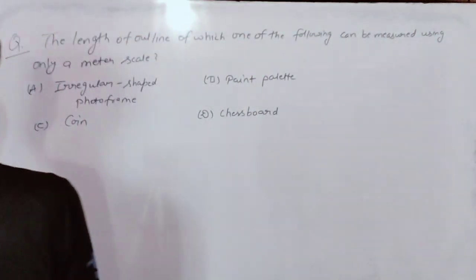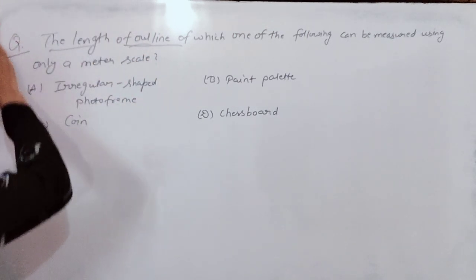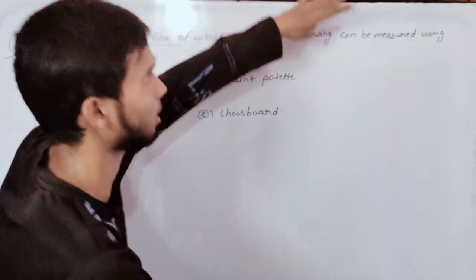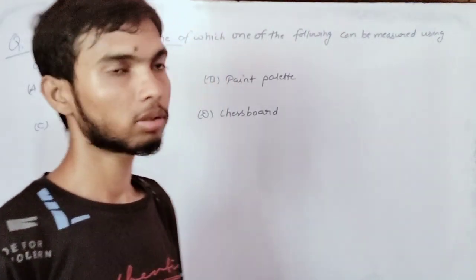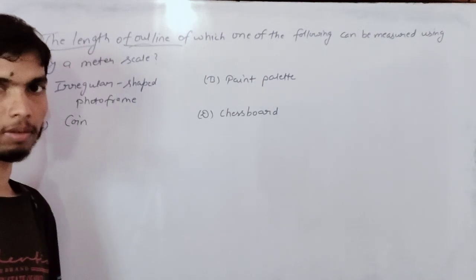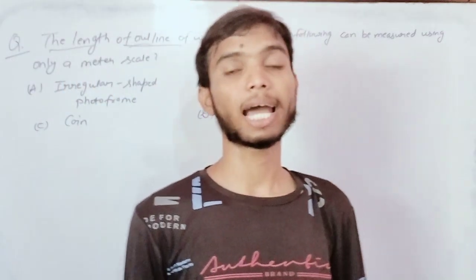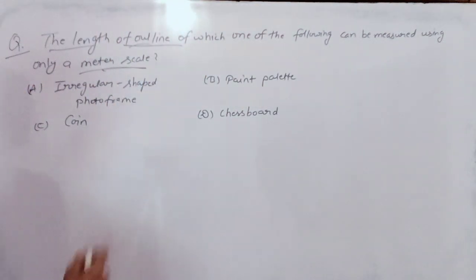Here, the length of the outline of which of the following can be measured using only a meter scale? Length of outline. For example, this is a board and this is its outline. So which measurement tool can be used? You have to tell which object can be measured using this instrument. This is a meter scale.